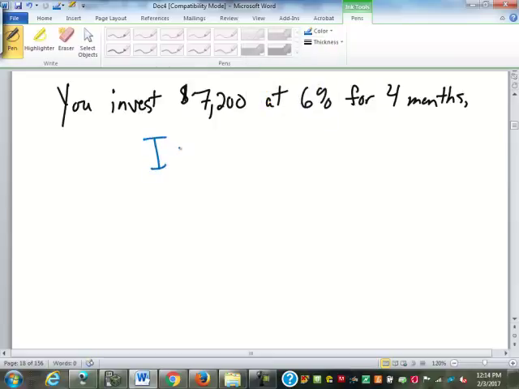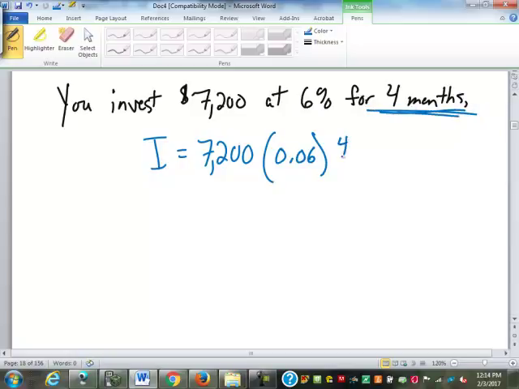So your interest is going to equal your principal is $7,200 times your rate. I'm used to putting the rate in parentheses just to make it easier to keep it straight instead of putting the X's in or dots that I might get confused with decimal points. 6% is 0.06 as a decimal. Now we said our time is already in years. So to express 4 months in years, it's 4 over 12.